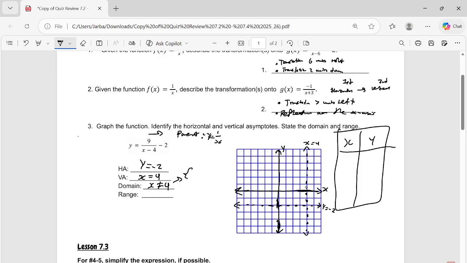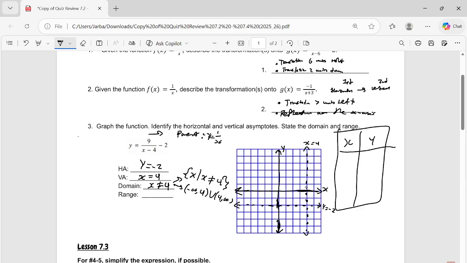You could do domain is x such that x does not equal 4. Or in interval notation, that'd be -infinity to 4 union 4 to infinity. So it's all of the real numbers, but there's a hole at 4, or a hole in the number line.